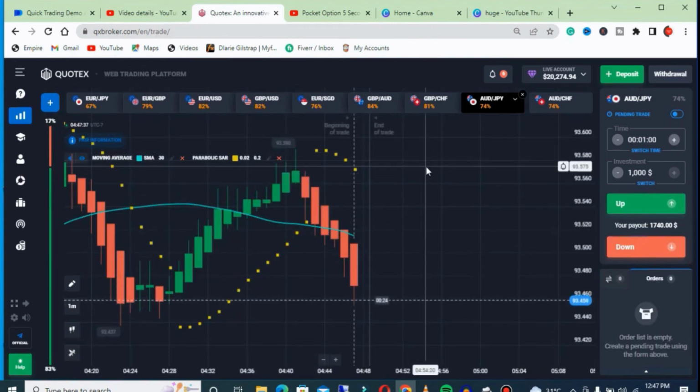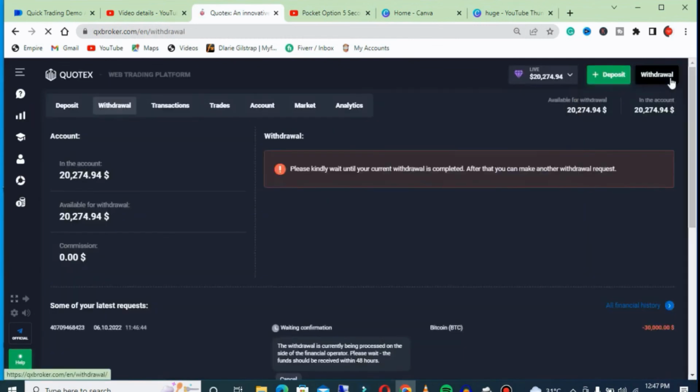There's a need for me to wait till I get it in my account before I'll be able to take another withdrawal. So let me try it again, guys, to see if it's going to go. Okay, "please kindly wait until your current withdrawal is completed, after which you can make another withdrawal." Okay, I have to wait for the 30k withdrawal to be completed before I'll be able to make another one.